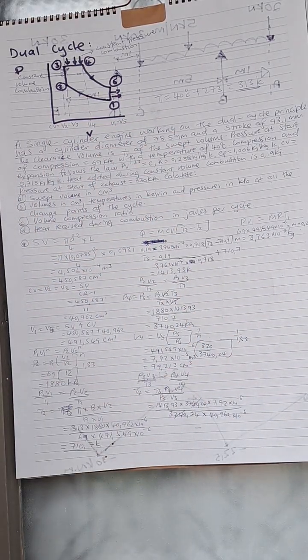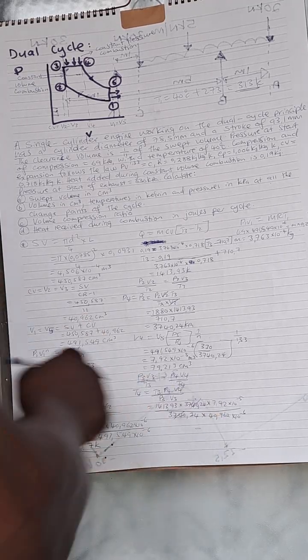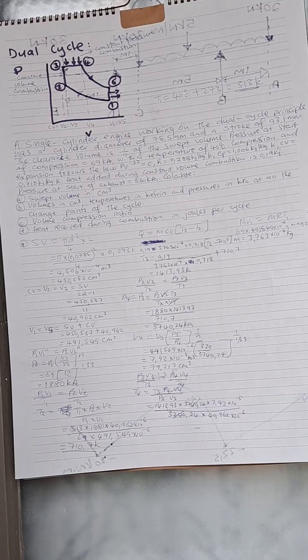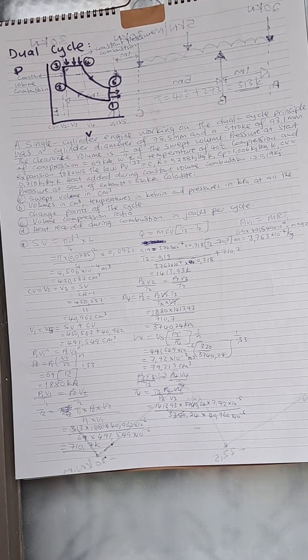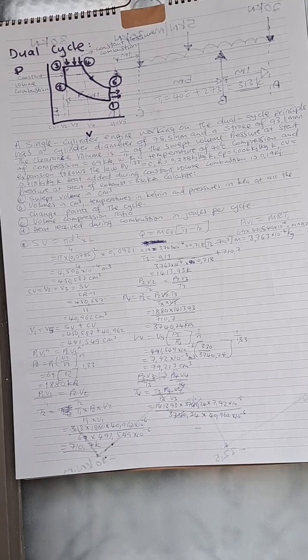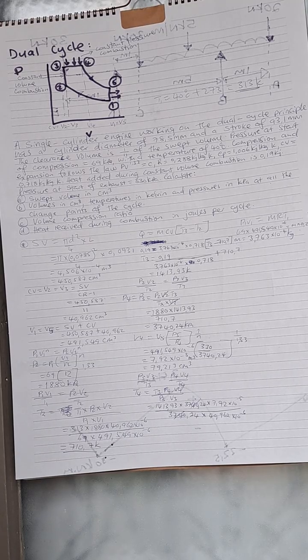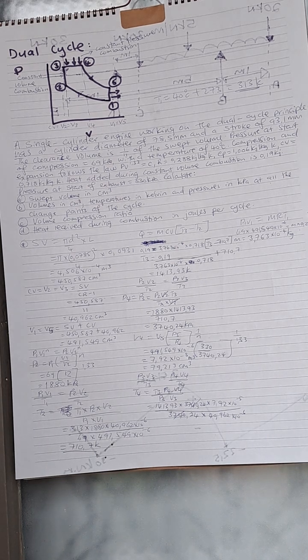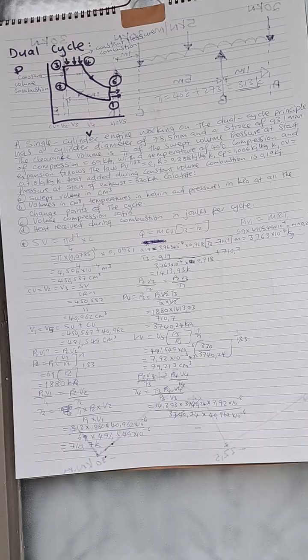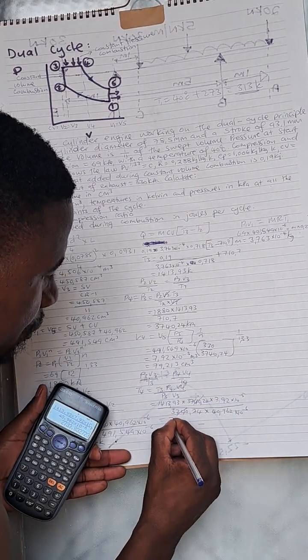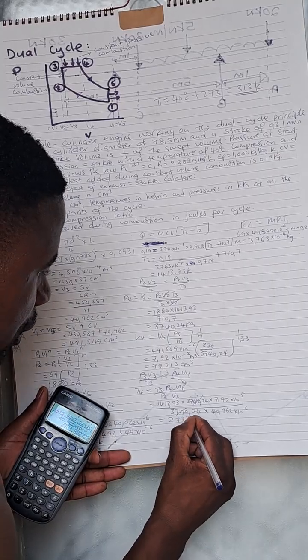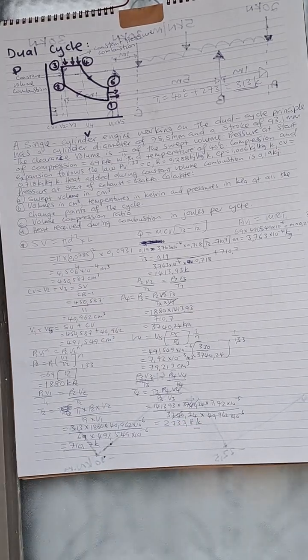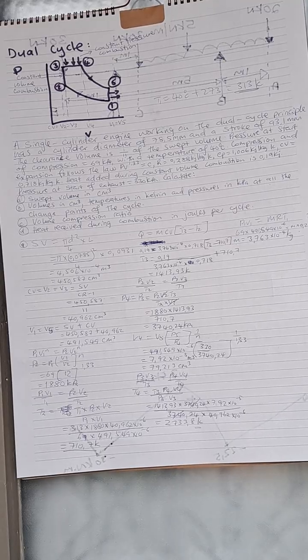So we have 1413.93 times 7.92 times 10 raised to the power of negative 5 divided by 40.962 times 10 raised to the power of negative 6. We are looking for a T4, so I'm getting my T4 as 33.8 Kelvin.